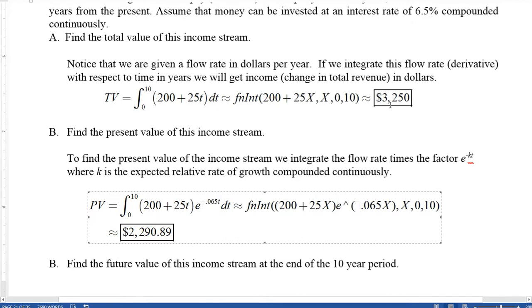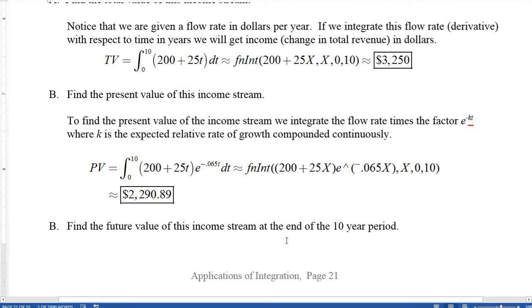Okay? So what is this income stream? If you had a choice between this income stream or a cash payment, what would be the fair cash payment? Well, assuming you could actually get this rate of interest that we assumed, then this amount right down here, the $2,290.89, would be the fair amount for that income stream.